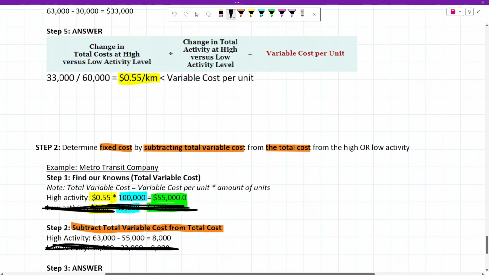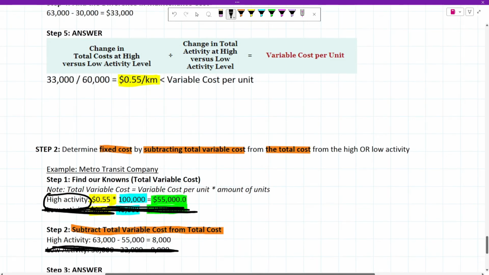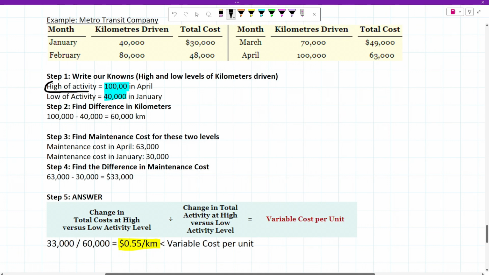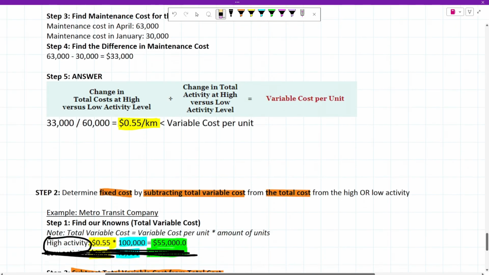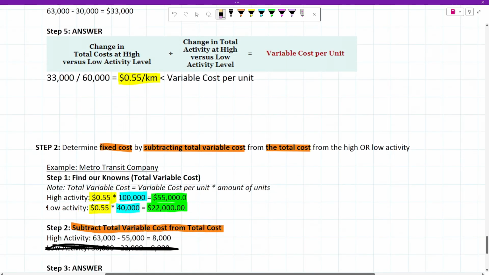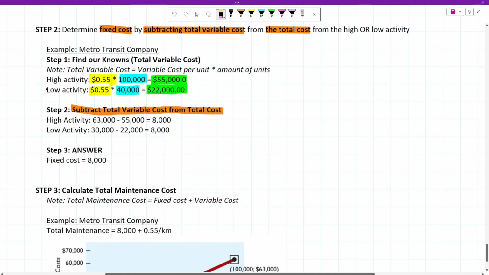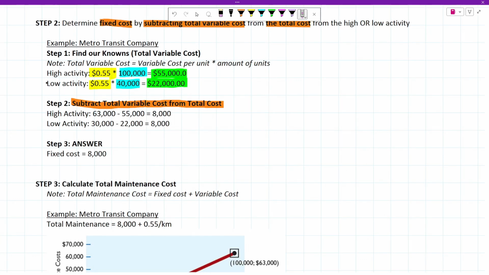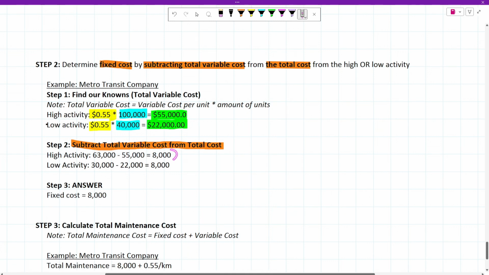So if I'm doing the high activity like this, I'm looking here and trying to find only the high activities, because I've seen some people make mistakes where they confuse the high activities with low activities and they combine those numbers, and that gives them the wrong answers. I'll just delete that. And so, yeah. And so if you guys really want to make sure, if you do both of them, they should give you the exact same number. And that's just like a trick so you make sure that you got the right number.